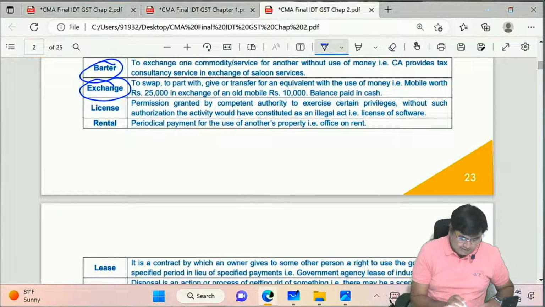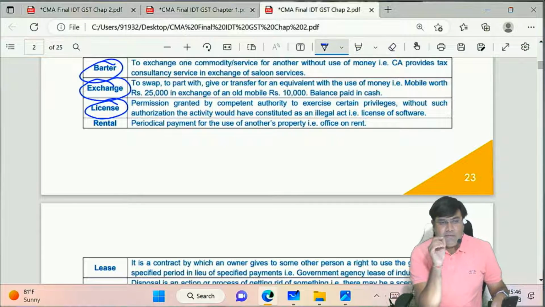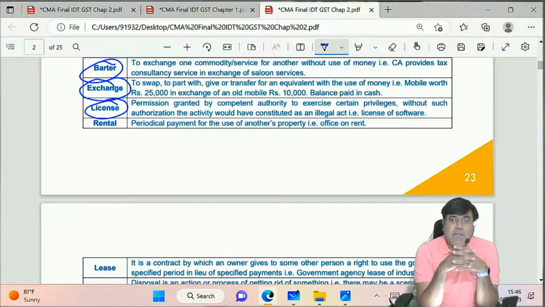License. So license is basically where the authority is going to grant the license. For example, Microsoft. Microsoft India Limited normally sells the Microsoft Office license.